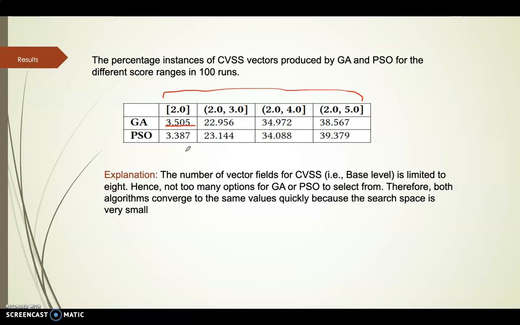A possible explanation could be that the number of vector fields like AV, AC and so on for CVSS is limited to 8. Hence, not too many options for the GA or PSO to select from. Therefore, both algorithms converge to the same values quickly because the search space is very small.